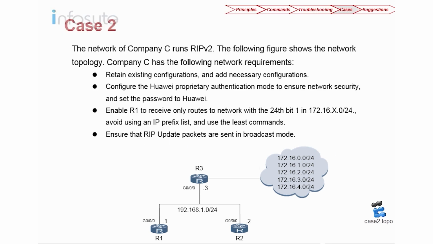And lastly, we need to ensure that RIP update packets are sent in broadcast mode. We know that this is RIP version 2, and RIP version 2 uses multicast. For us to configure broadcast mode, we need to go to the interface and specify that the mode we are going to use is broadcast.